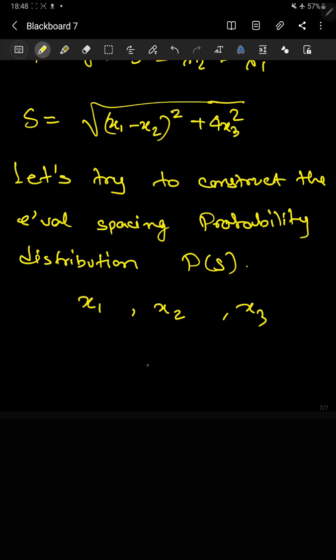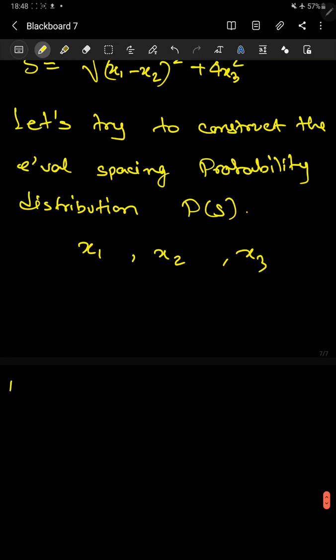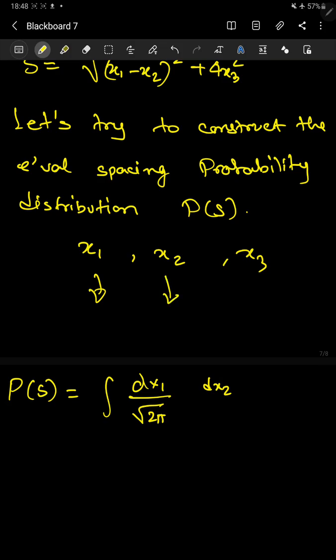So hold on to that thought. Let me write how the distribution P(s) of the spacing turns out to be. So if you remember, dx1, you have a square root of 2 pi factor. dx2, they're all picked from this distribution, and this one is picked from 0 and 1. This one is picked from 0 and half.